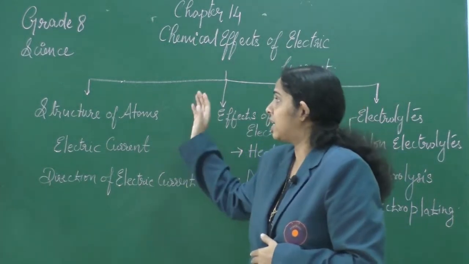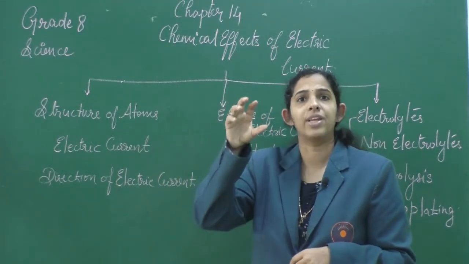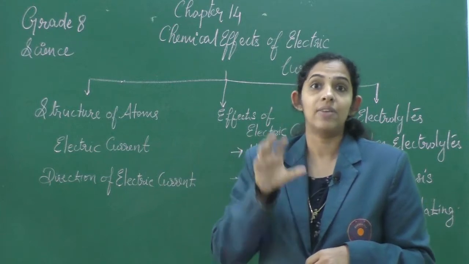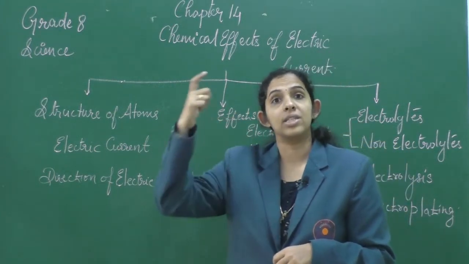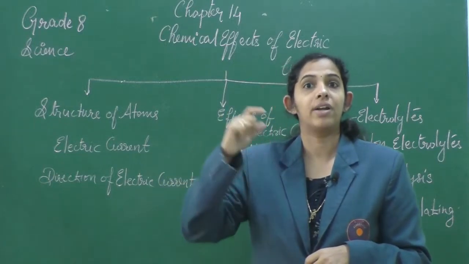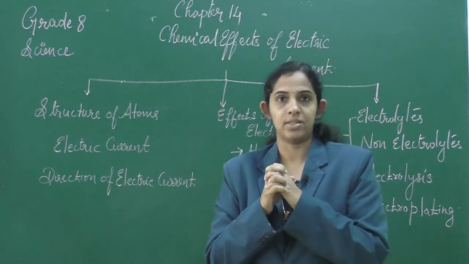When we look at the electrons in an atom, the electrons which are very close to the nucleus will be closely held by the nucleus. And those which lie in distant orbits, or far away orbits from the nucleus, will be loosely bound to the nucleus.